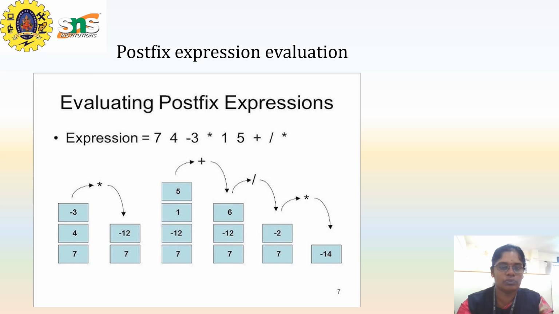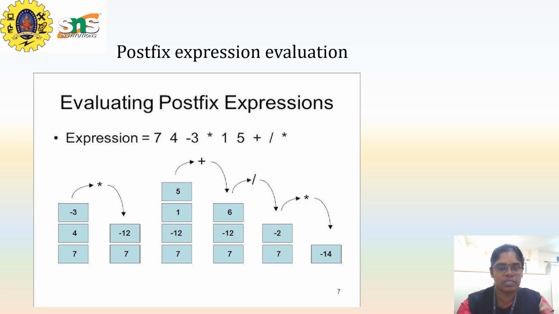After that we have to perform multiplication. Minus 3 into 4 is minus 12. Then minus 12 is stored in the stack. After the minus 12, the other operands are 1 and 5. We add the operands into the stack.